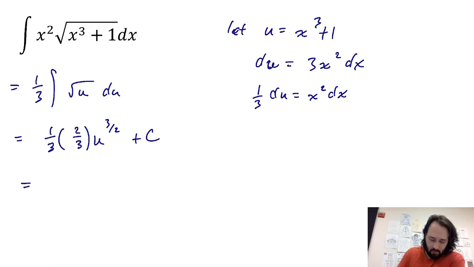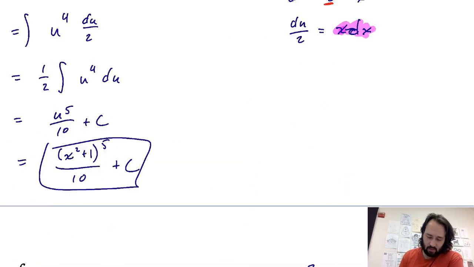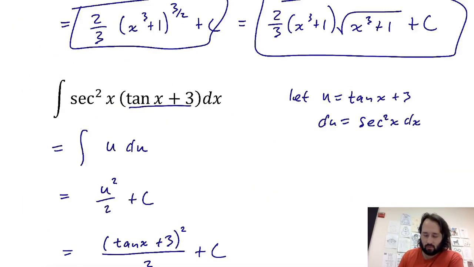So we have 2/9 x cubed plus 1 square root of x cubed plus 1 plus c. Okay, and that simplification goes back to the same deal as this other simplification up here. I'm going to have it to the 3/2, so I can take out one of them and leave one of them inside that square root.